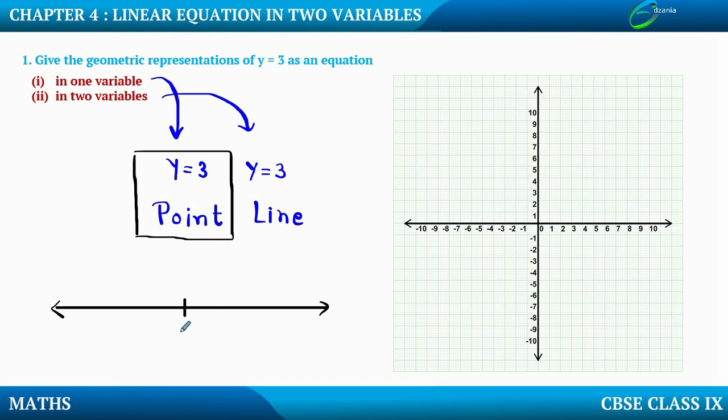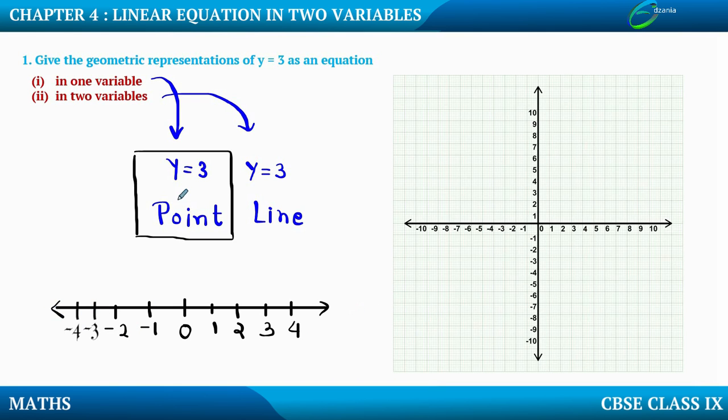Just mark 0 over here. Then we have 1, 2, 3, 4. We have -1, -2, -3, -4. So we have this number line.